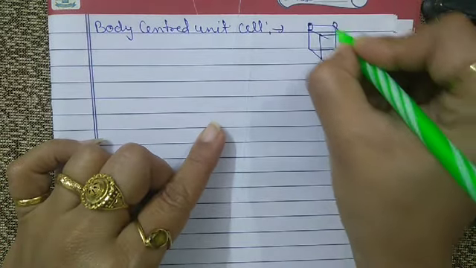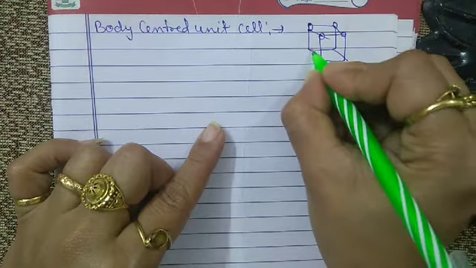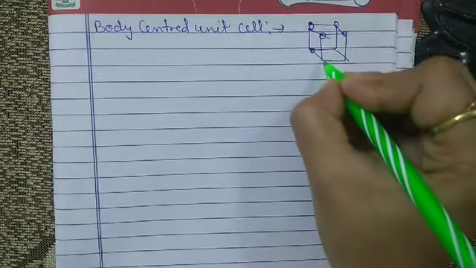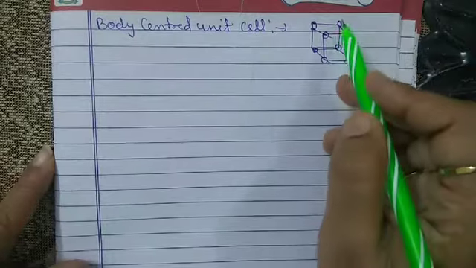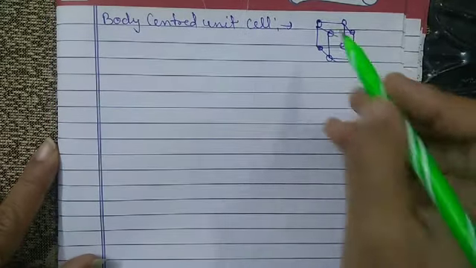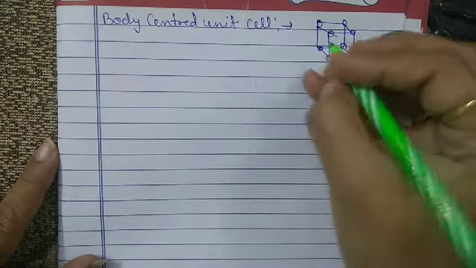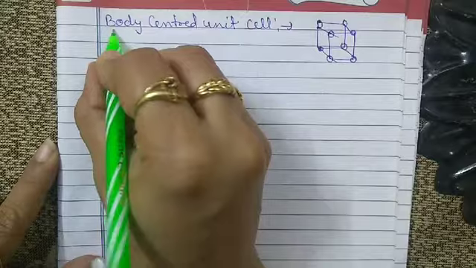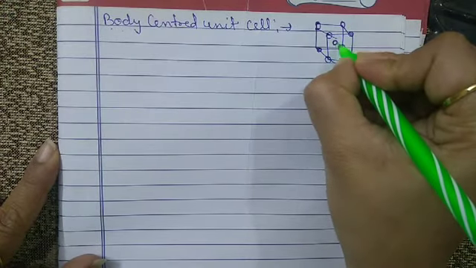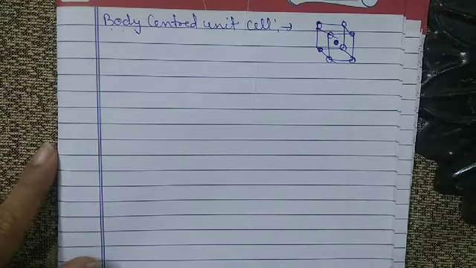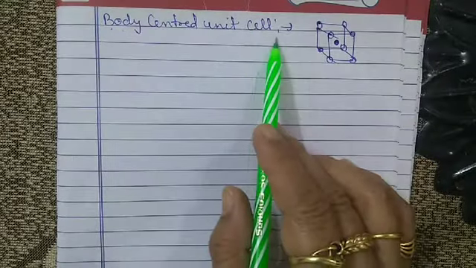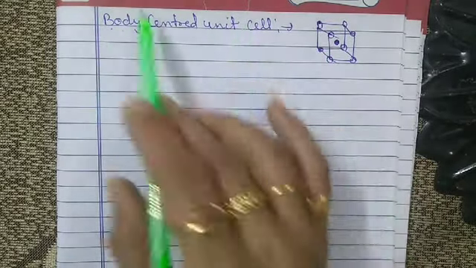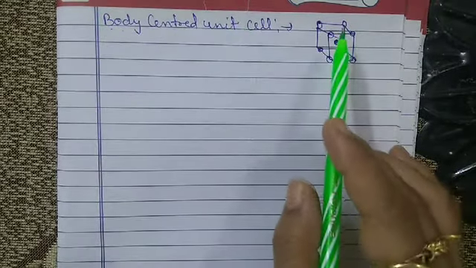So 1, 2, 3, 4, 5, 6, 7, 8. There are 8 atoms present at the corner, and 1 is present at the center of the body. This is a cubic structure for the body centered unit cell.